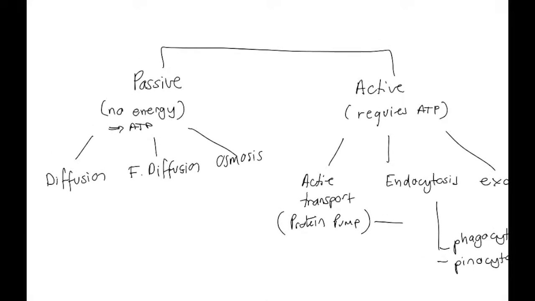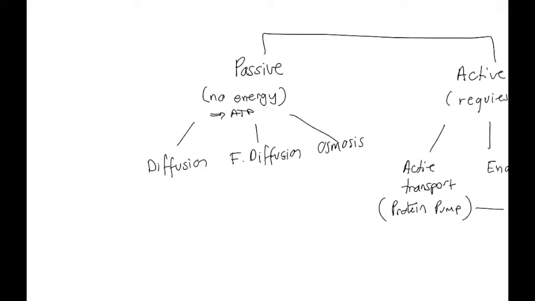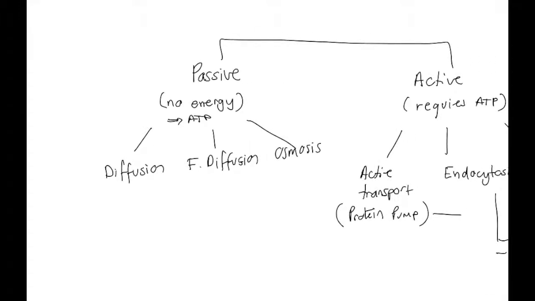Now these passive and active processes need or don't need energy because of one thing. These passive processes don't need energy because why? Because of the concentration gradient. Osmosis is slightly different, but these all move with their concentration gradient.